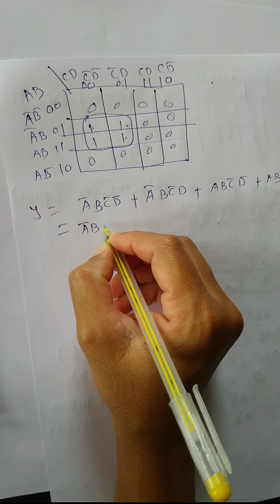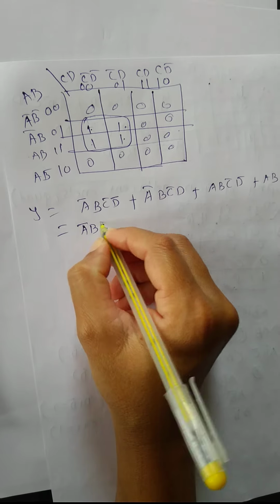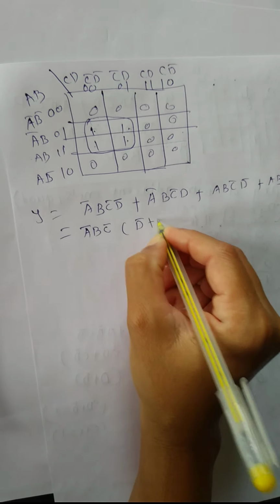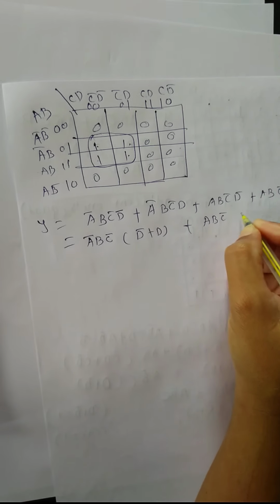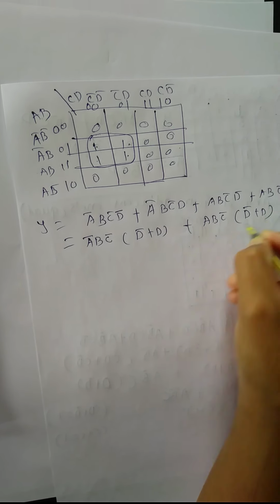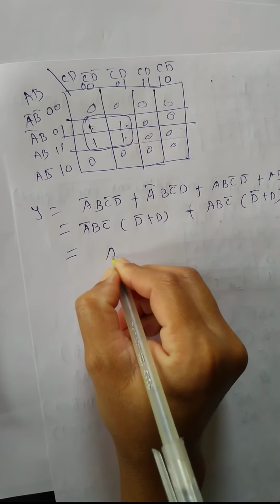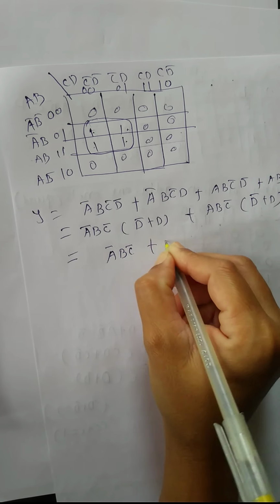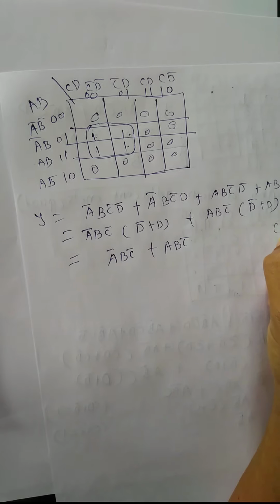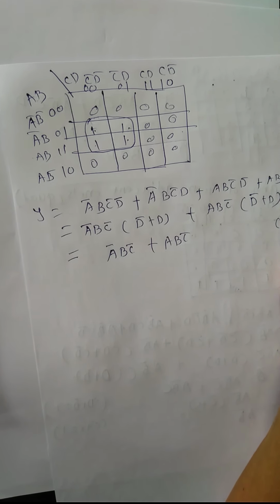A bar B C bar times D bar plus D, and in these two terms A B C bar times D bar plus D. D bar plus D is equal to 1.